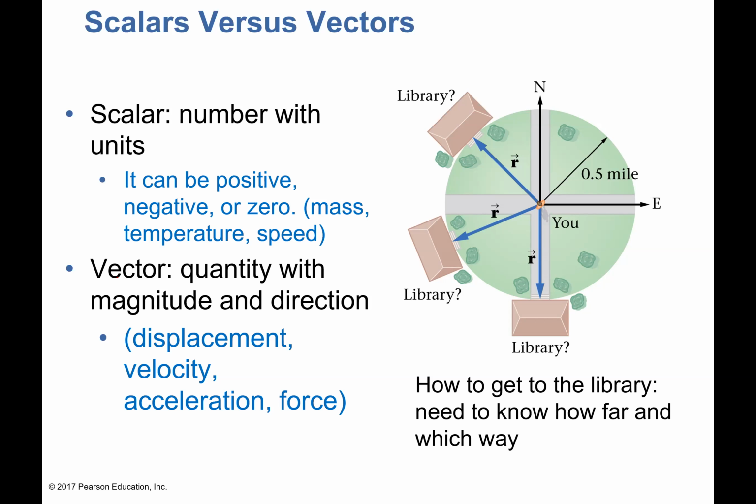So what we have here is a quantity that can be described by a number with a unit and doesn't require any type of direction, known as a scalar. Mass is a scalar.